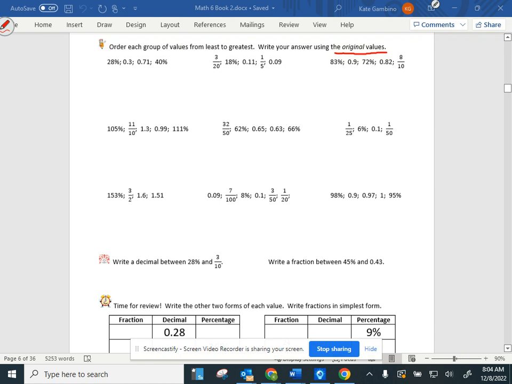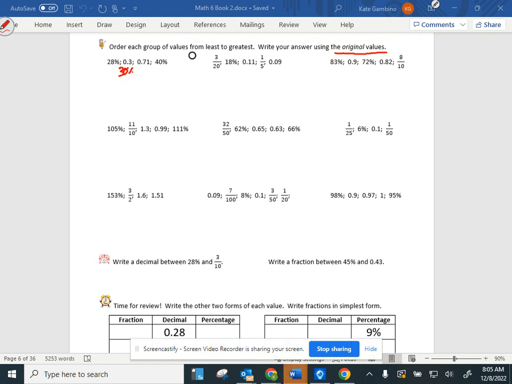So let's see what that looks like. 28%, do I need to convert it? No, it's already a percentage. 3/10. Yes. What would I convert that to, Aiden? 30%. So I'm just going to write 30% right underneath it. 71/100.